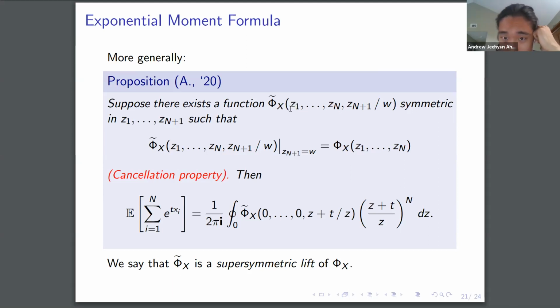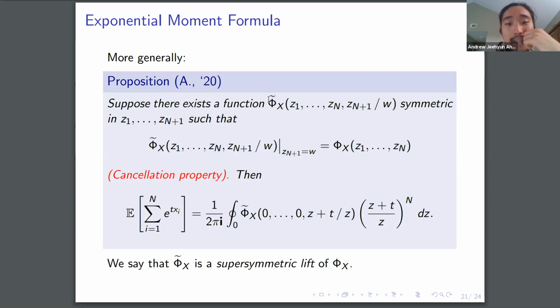It'll be a function of z1 through zn+1 and w. It'll be symmetric in the z's. And the reason why I'm using this backslash is it's not a quotient, it's not zn+1 by w. This is really to separate the z's and the w, and the reason for this notation has to do with its connections to these things called supersymmetric Schur functions, which is the standard notation for them.